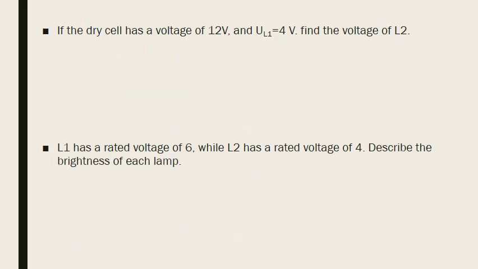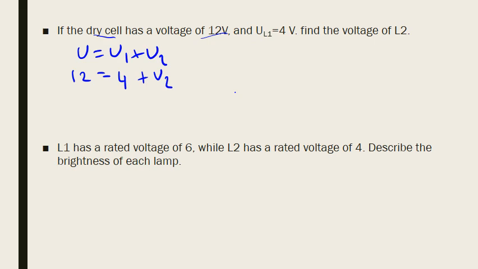If the dry cell has a voltage of 12 volts and L1 has a voltage of 4 volts, find the voltage of L2. So you do U equals U1 plus U2. So the dry cell has a voltage of 12 volts, so that's U. We know that L1 is 4 volts, so we need to find L2.